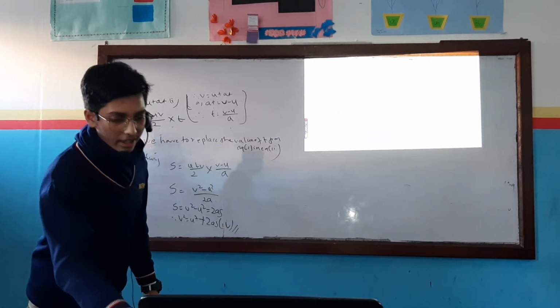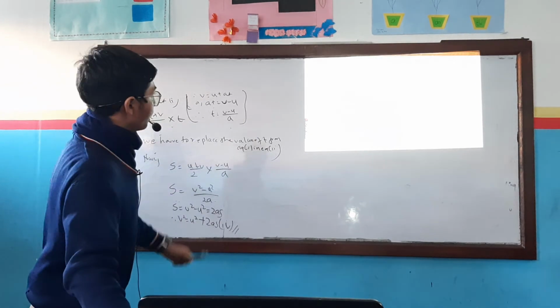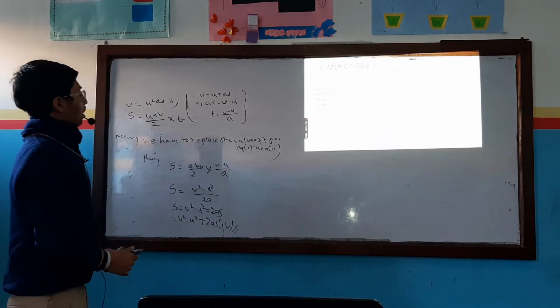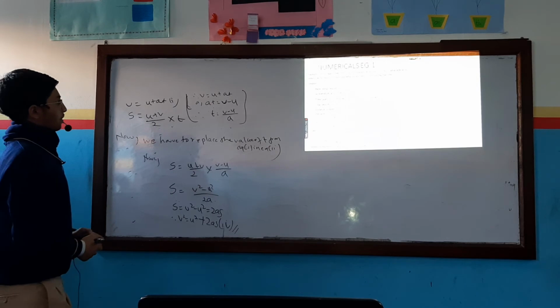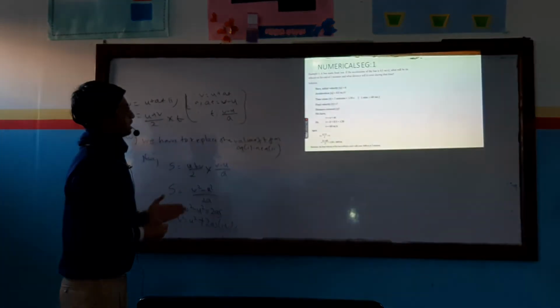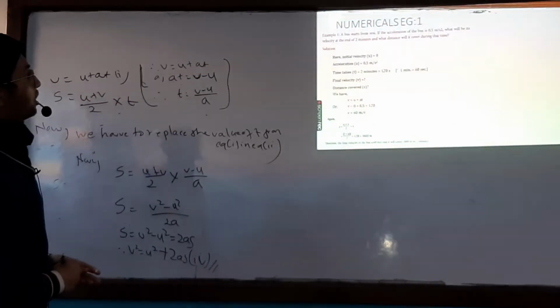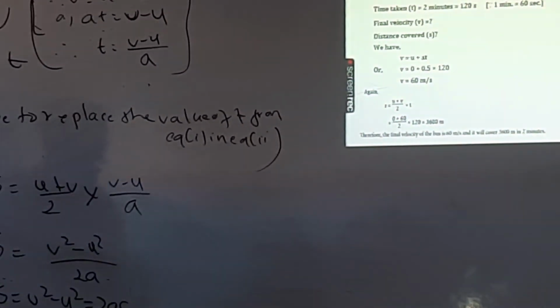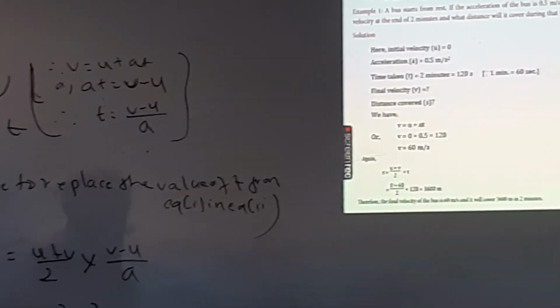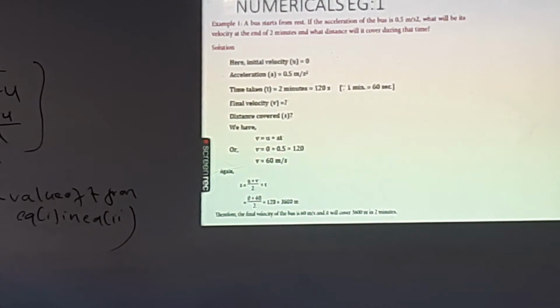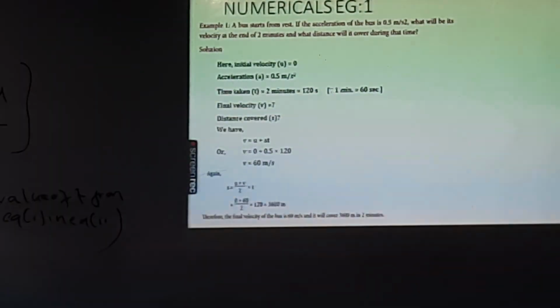Likewise, now we are going on to the next numericals. The question is that a bus travels from rest. If the acceleration of the bus is 0.5 meter per second square, what will be the velocity at the end of 2 minutes, and what distance will it cover during that time?